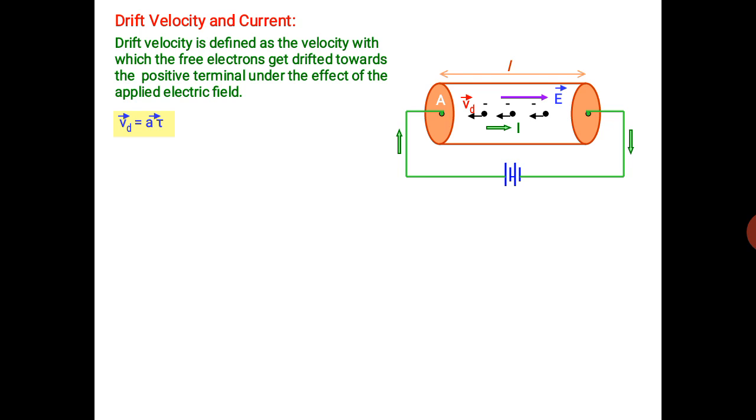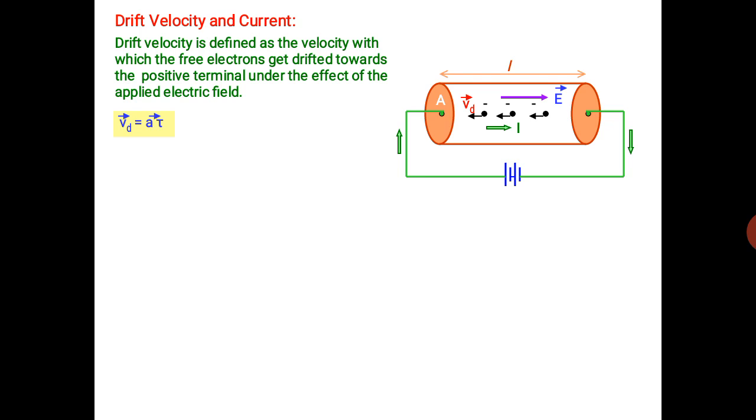Hence the change in velocity itself is Vd, the drift velocity. So we can write the drift velocity as acceleration into time, where tau is the relaxation time, meaning the time taken by the electron for conduction or to drift.